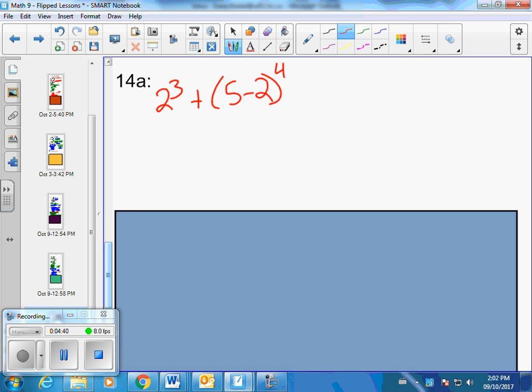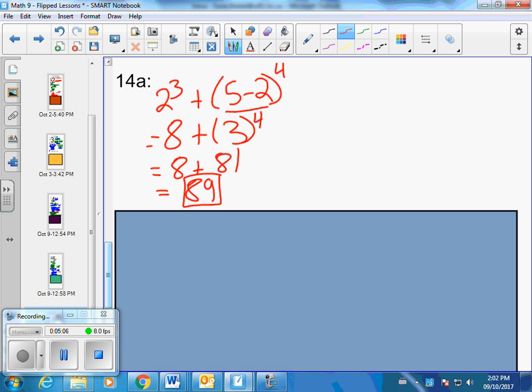So we have a couple different options to how we solve those brackets, but first things first, we're going to deal with the easy number. 2 cubed is 8 plus, I'm going to solve the brackets first since I always find that easier. So 5 minus 2 gives me 3 to the power of 4, which is the same as 8 plus 81. So our final answer here is 89. Go ahead and do the rest of question 14 on your own.